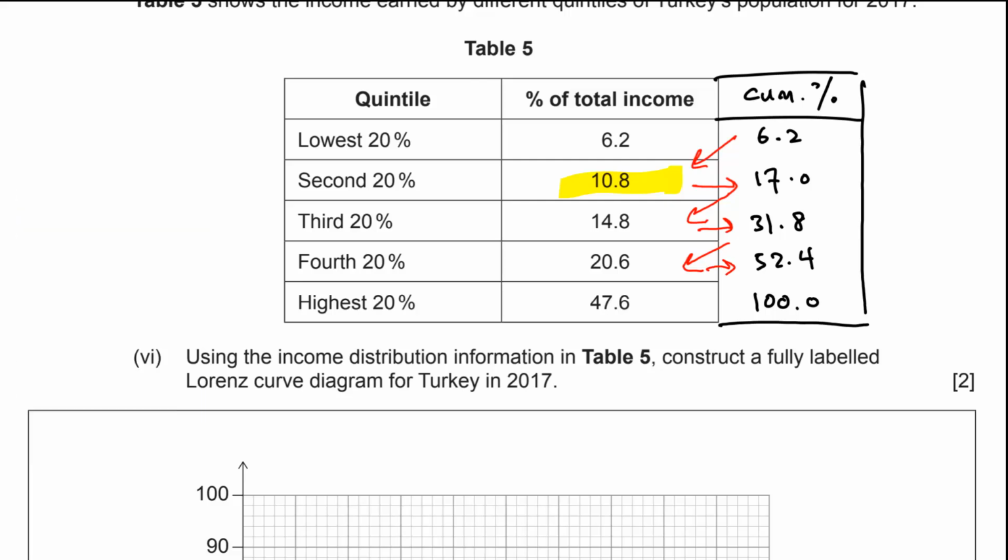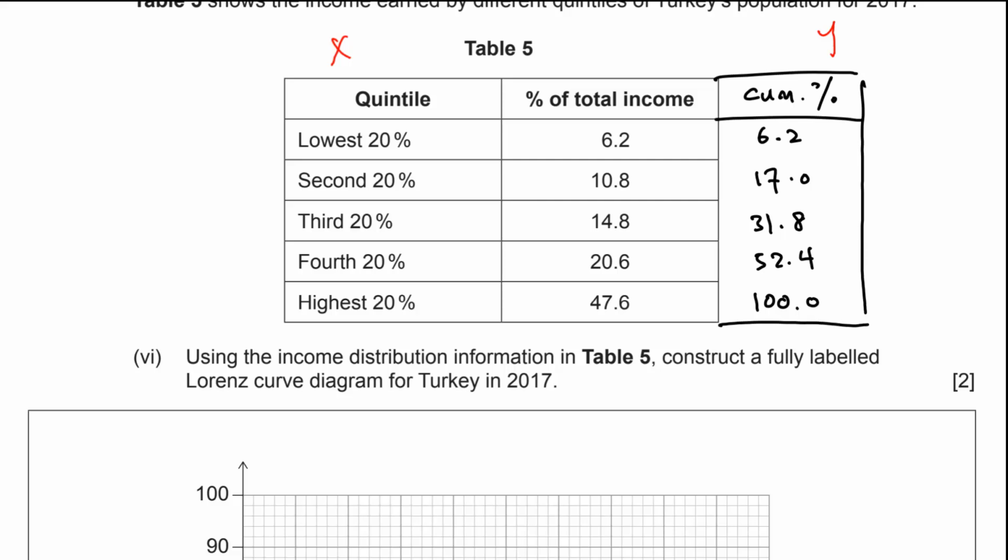So what we've done is we've now created this extra column. We call that the cumulative percentage, and that's going to give us this running tally of the cumulative percentage, right? From here, the cumulative percentage is essentially going to be the y-axis, and the quintile is going to represent the x-axis.